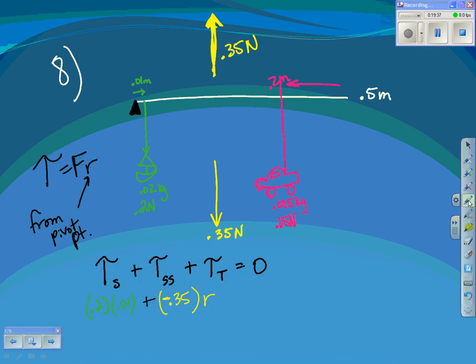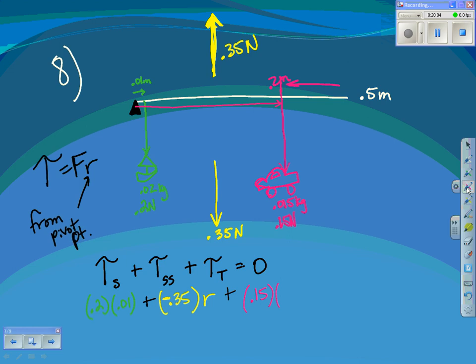We want to find the radius or the distance from the pivot point to that line. We're then going to find the torque of the truck, and we're told that the truck has a force of 0.15 newtons because we calculated it. And now, this is where this becomes important. We want to go from this pivot point in black over to this line where the toy truck is being held.